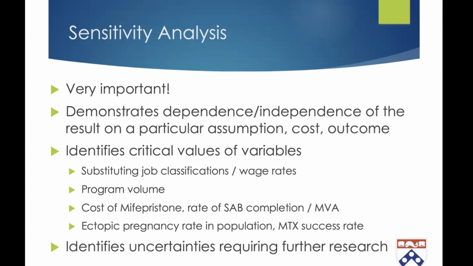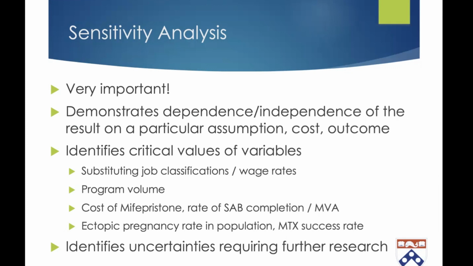Program volume, like, is it different if you're at capacity versus you only have a few people in the program? At what volume does your program tip to being cost effective? Example of a recent study: the cost of mifepristone, the rate of miscarriage completion without needing an MVA, ectopic pregnancy rate in a population, methotrexate success rate.